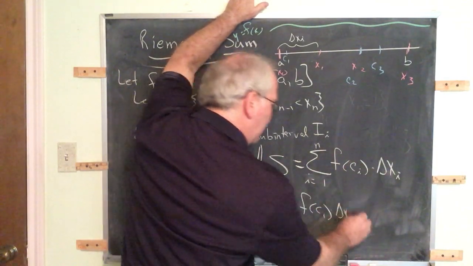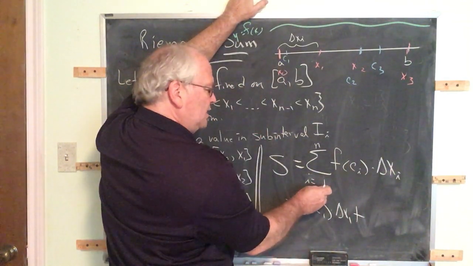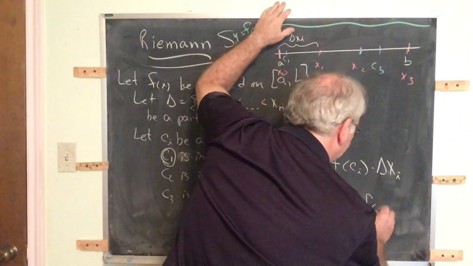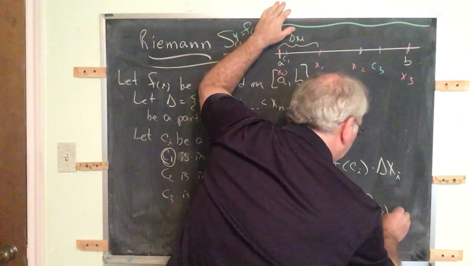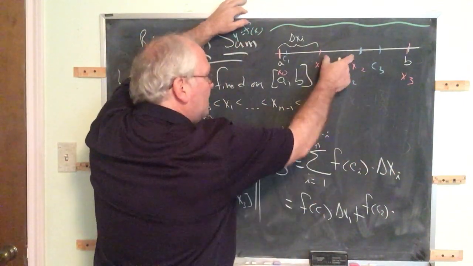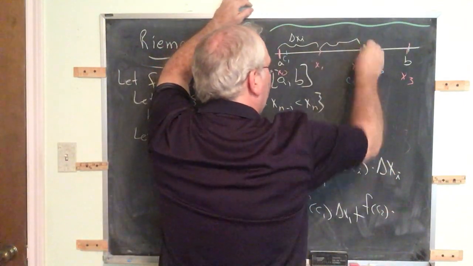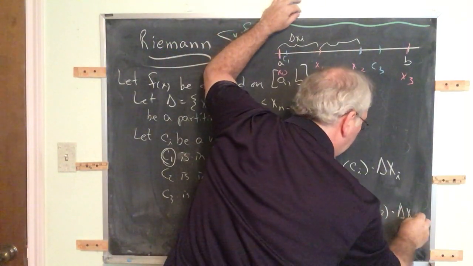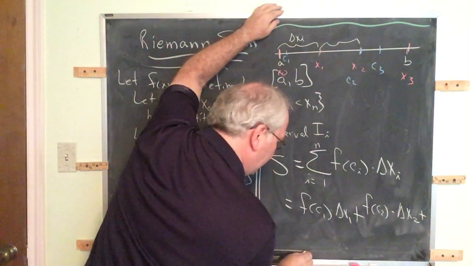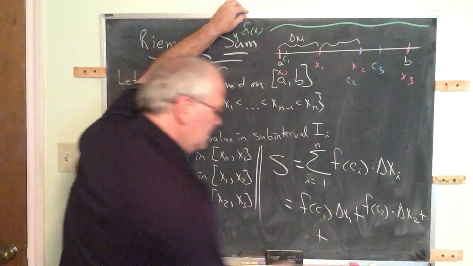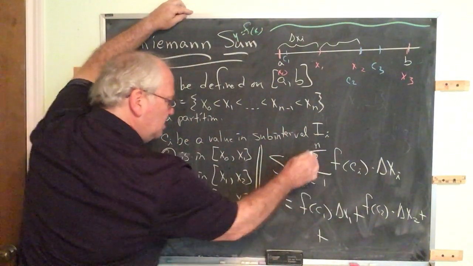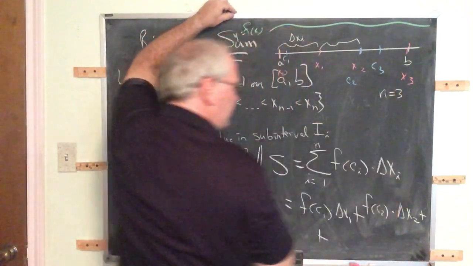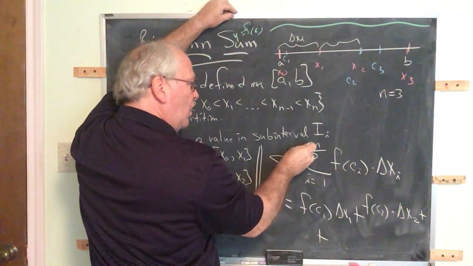So multiply those, plus, now when I is equal to 2, that's C number 2, F of C number 2, multiply by width of interval number 2. Width of interval number 2 is right here. There's C number 2, there's width of interval number 2, plus, and when I is equal to n, in this particular case, n was equal to 3. So as many as we need, you do this for all the subintervals.